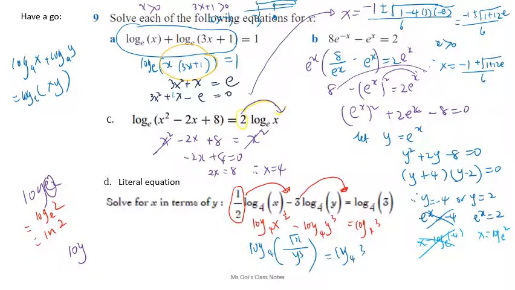We're applying this rule: log x base a minus log y base a I can write as log x divided by y base a. All right, so therefore both sides are the same log with the same base. So therefore I can say that this number is equal to that number.